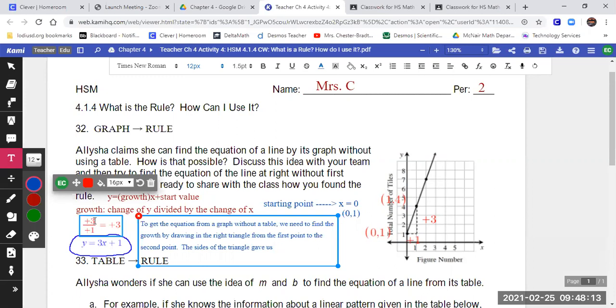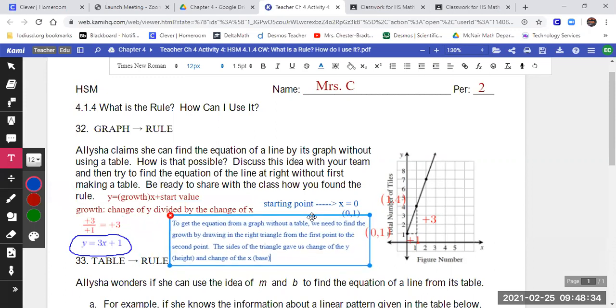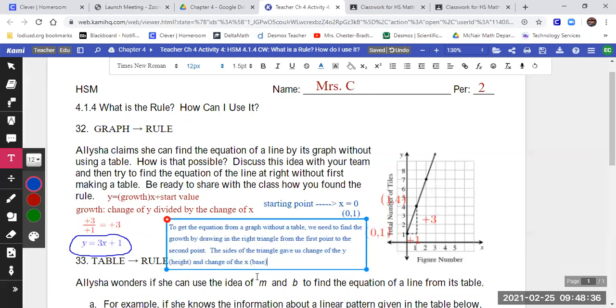Yes, it gave us the change of the y, height, and the change of the x, base. So the height gives us the change in y. The base gives us the change of x.